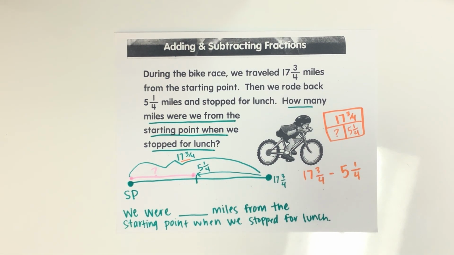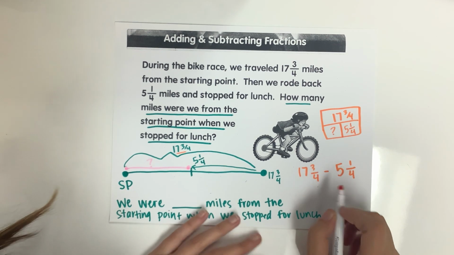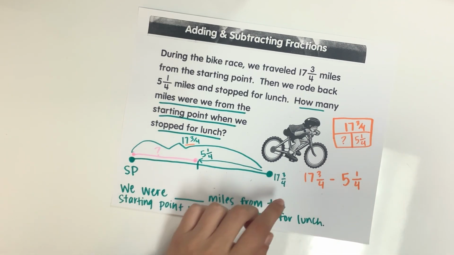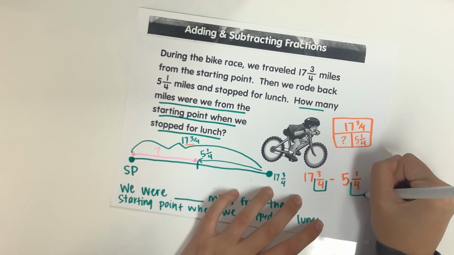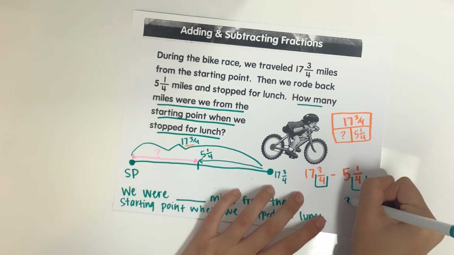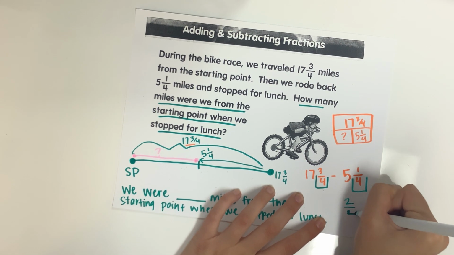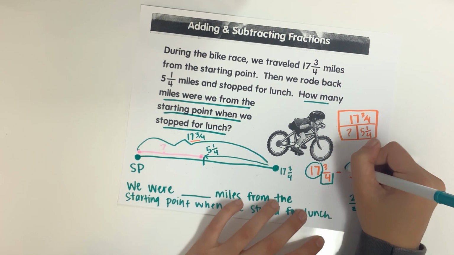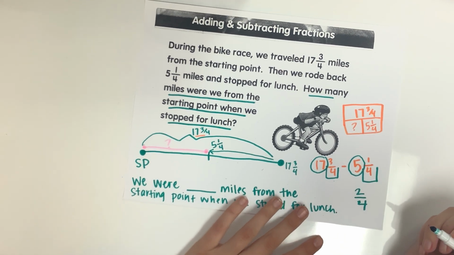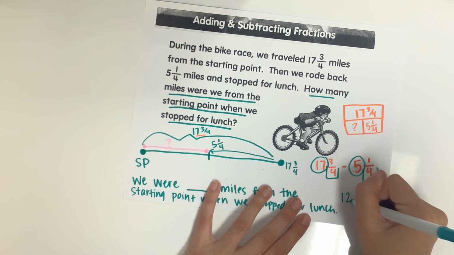I don't have a lot of room on my paper to make a chart. I might do this in my head. I know that if I subtract, I'm just kind of looking at my fractions first, 3/4 minus 1/4, that's going to leave me with 2/4. And then if I look at my wholes, 17 minus 5, that's going to put me at 12.